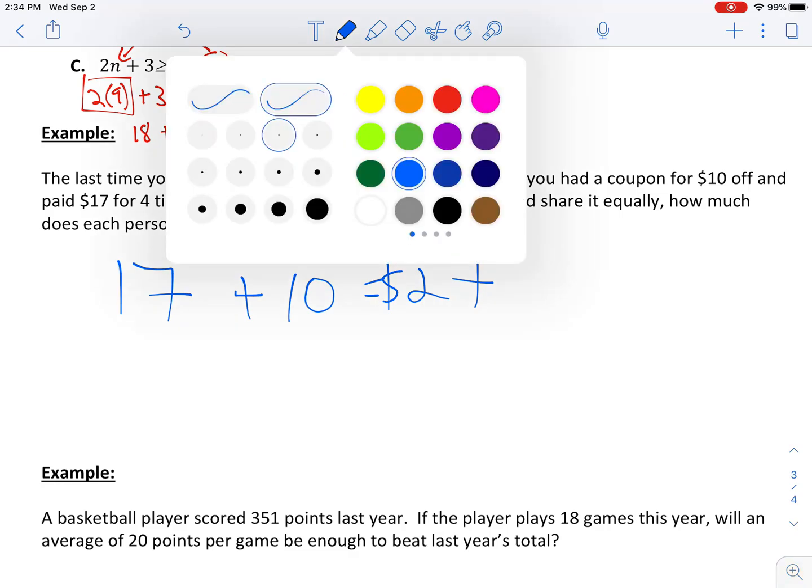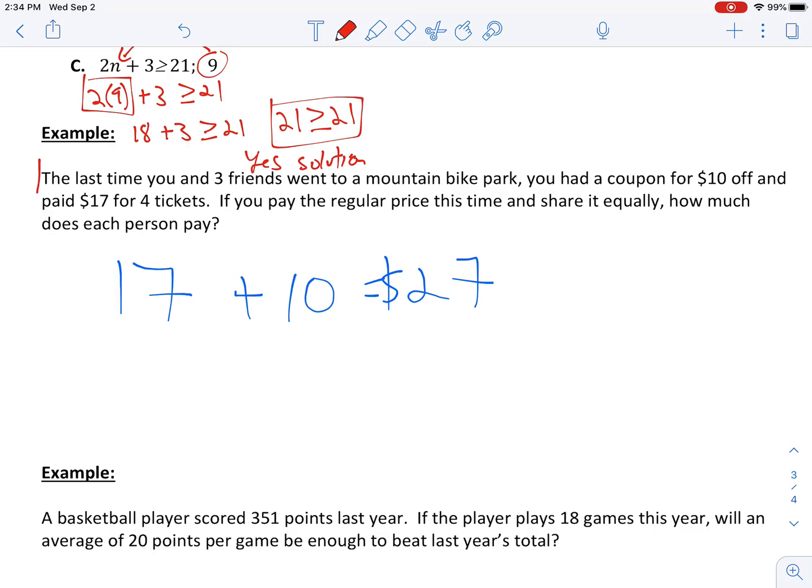Now, this is the second time that this textbook has tried to sneak this into you. The last time you and 3 friends, so it's not 3, it's 4 total people, you and 3 friends. So they like to subtly slide those in there as a little extra step you got to pay attention to. So I'm going to take 27 because that's the total amount of money spent to get into the park.